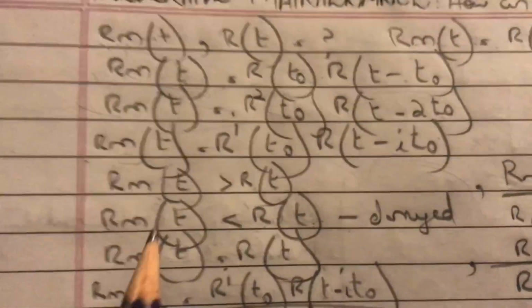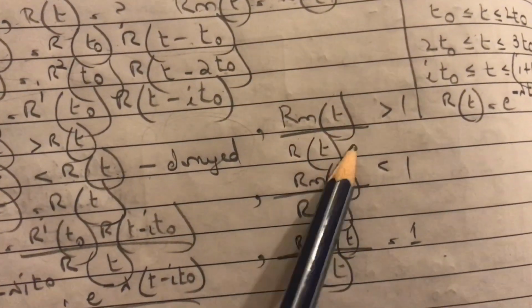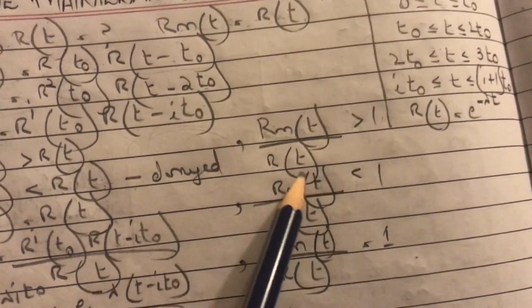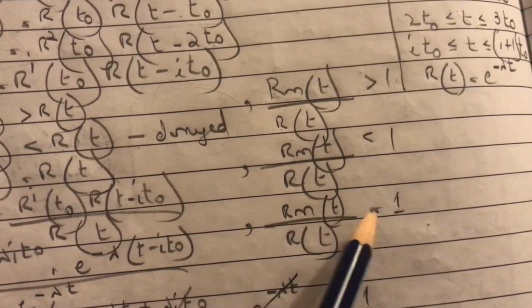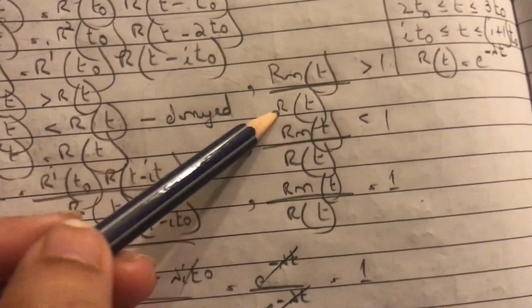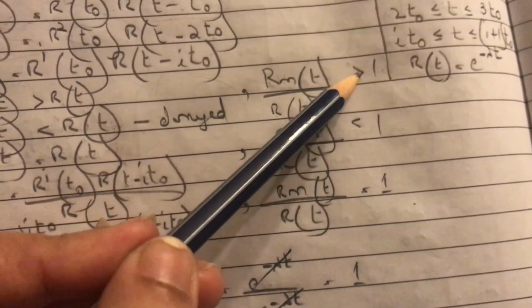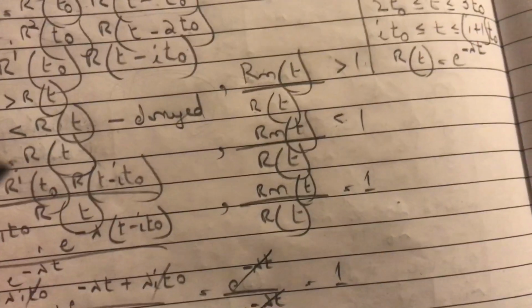Okay, let's see what's next. We also say that Rm of t over R of t is greater than 1, and it can be equal to 1. Sorry, this is less than 1, and it can be equal to 1. So we have three conditions: Rm of t over R of t can be greater than 1, equal to 1, or lower than 1.